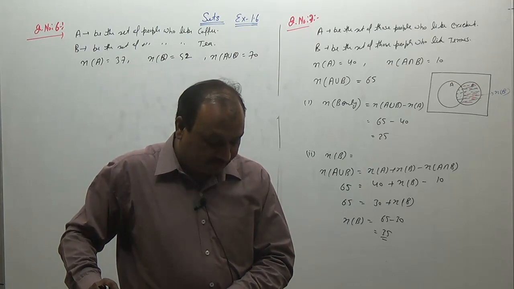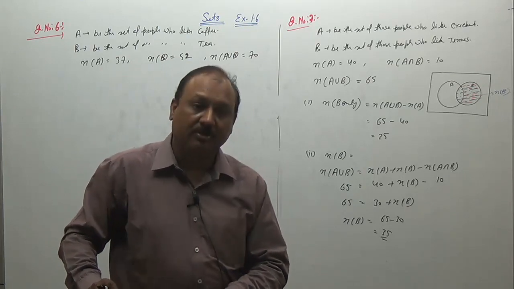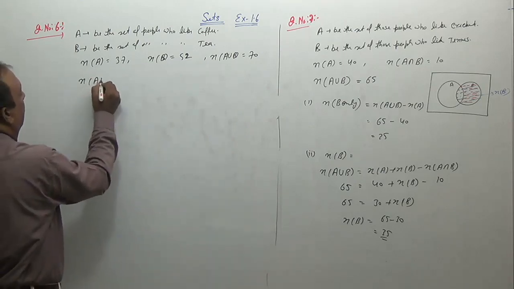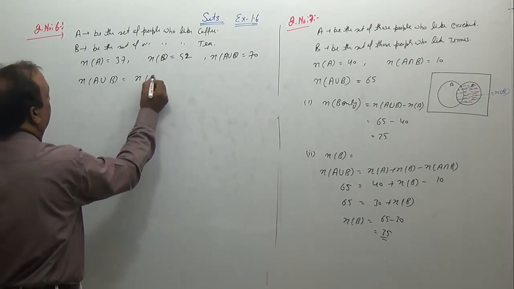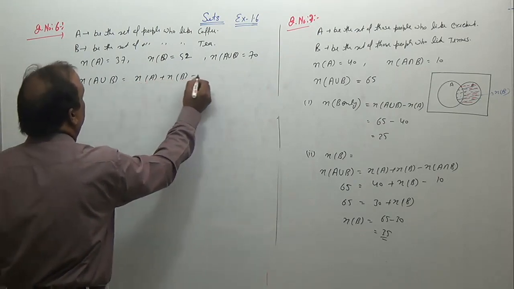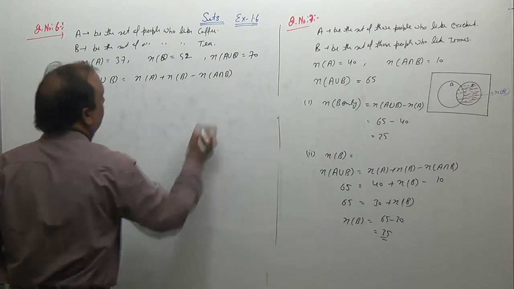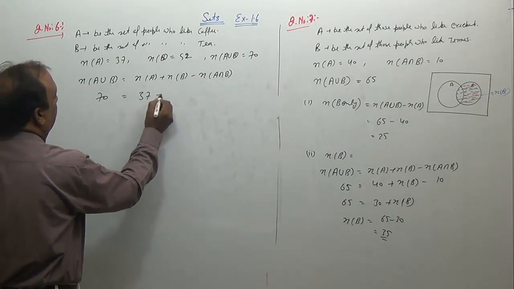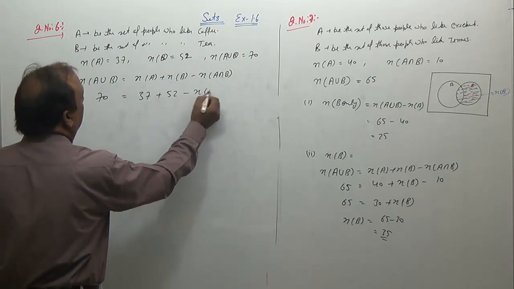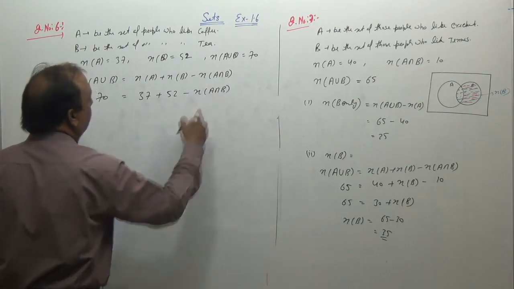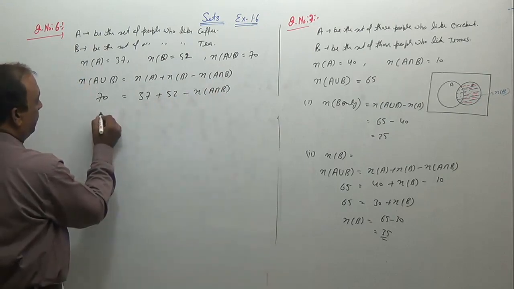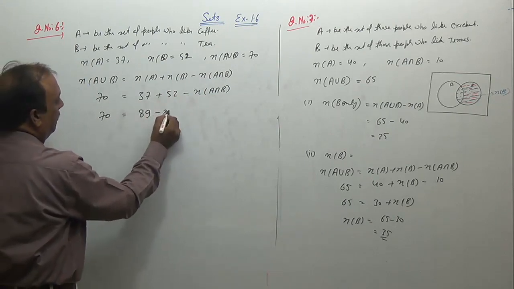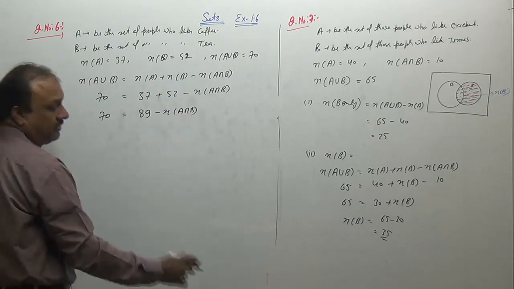Next is, how many people like both tea and coffee? So applying the property, n(A union B) is equal to n(A) plus n(B) minus n(A intersection B). n(A union B) is 70, n(A) is 37, n(B) is 52, and n(A intersection B) is unknown. So 70 is equal to 37 plus 52 minus n(A intersection B).